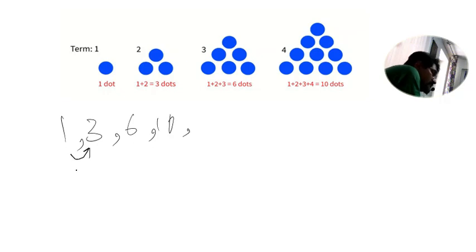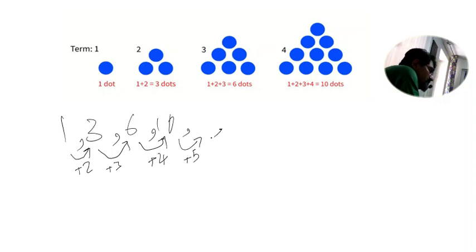By adding 2 to the first term, we can find the second term. By adding 3 to the second term, we find the third term. Also plus 4, plus 5, plus 6.